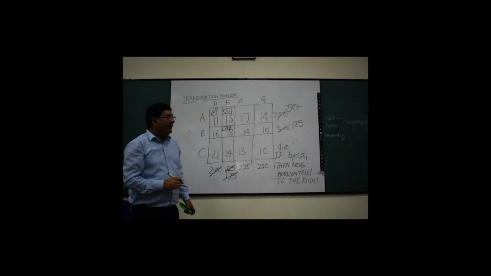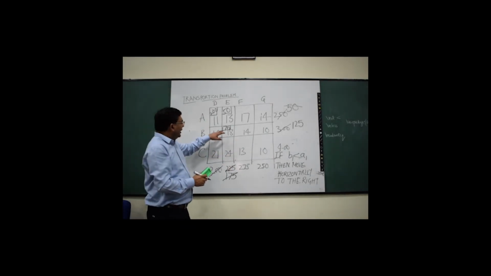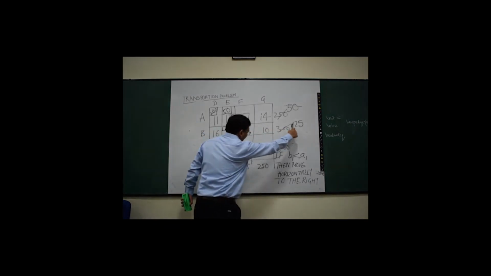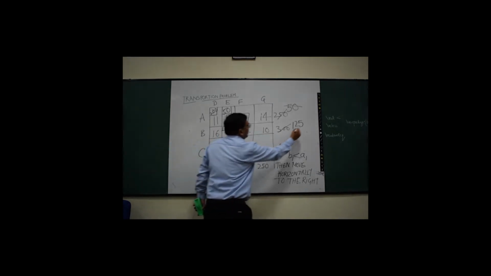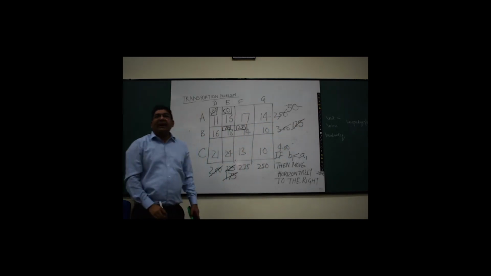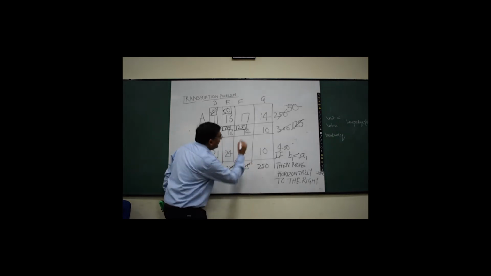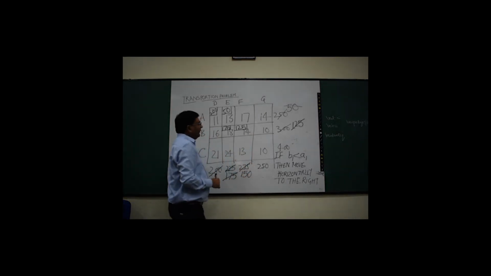125 units here. Again, in the same manner, we'll move to the right and allocate the minimum of 125 and 275. So we'll allocate 125 here. Availability at source 2 is complete and we are left with a requirement of 150.